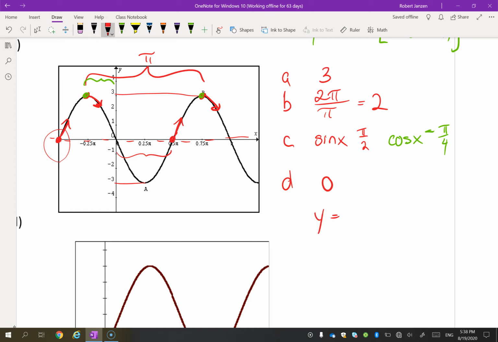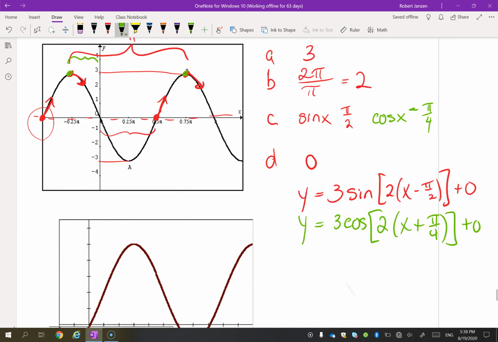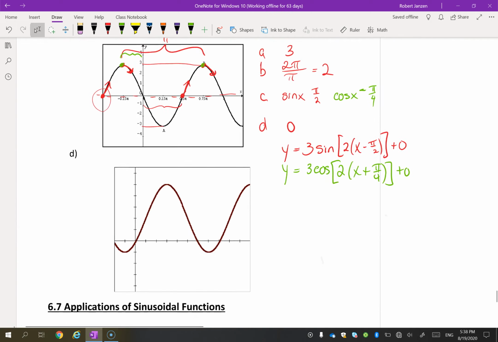So my equation will be... you don't have to write that plus 0. All right, there it is.